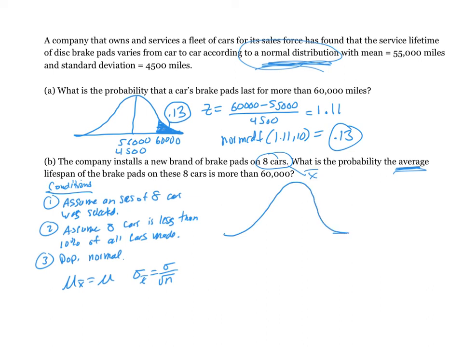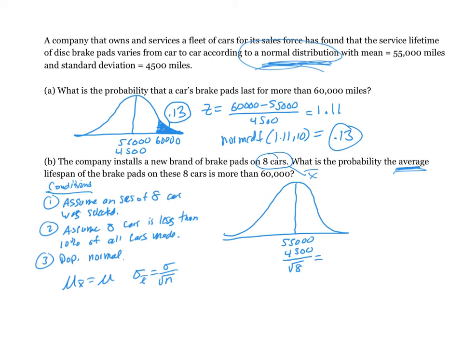So I can draw my bell-shaped curve, and the mean was 55,000 miles. The standard deviation was 4,500. Now, I need to divide that by the square root of the sample size I took, okay? Because the sampling distribution will not be as variable as the individual population.